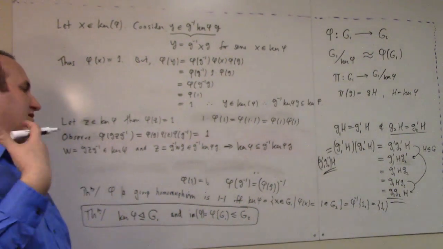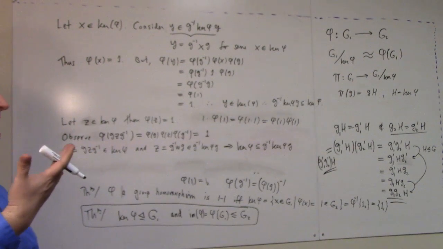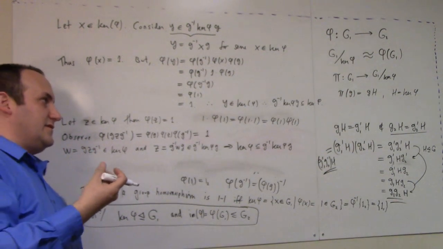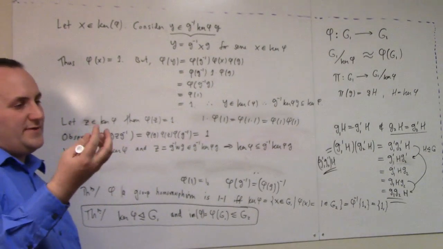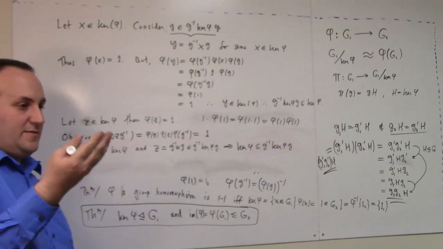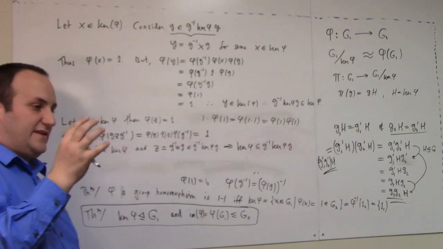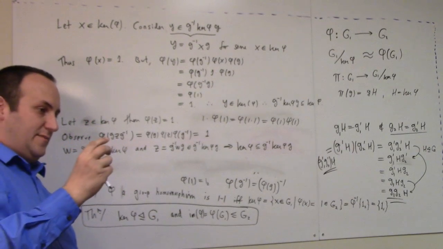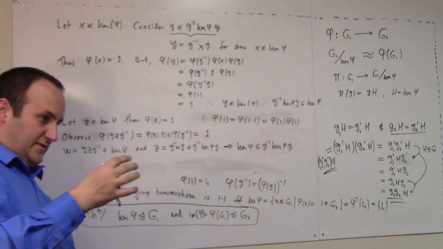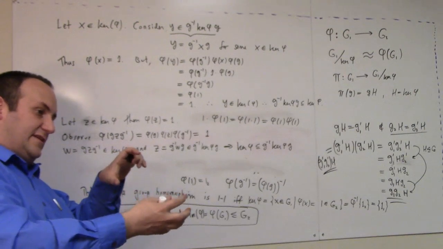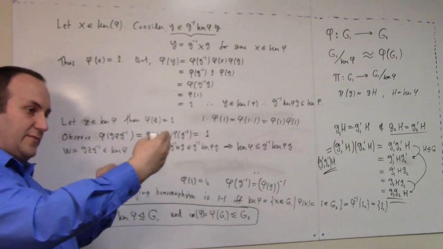To cut through the noise here, what we're really saying is that the kernel of phi in the quotient behaves like the zero, or like the identity. When you mod by a normal subgroup, you're taking everything in the normal subgroup and making it like the identity. You're squashing everything in the larger group down, so you have a smaller group after you form the quotient.